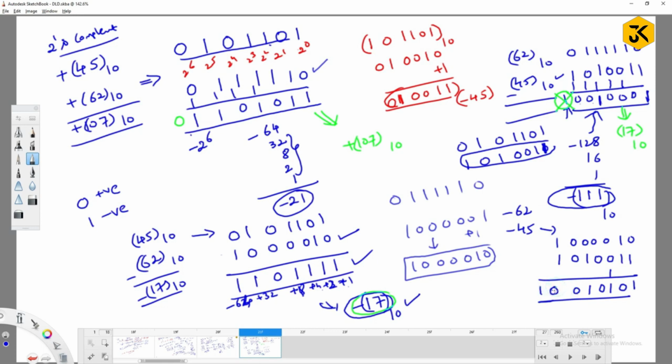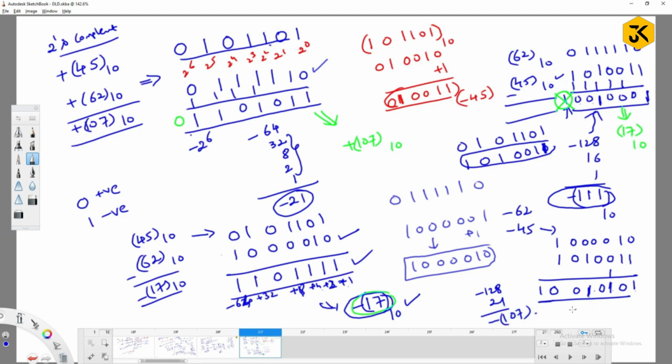So what is the result you need to get here? If you are able to calculate, you will get the answer. That is minus 128 plus 16 plus 4, 20. 20 plus 1 is 21. If you remove this one, you are going to get minus 107.